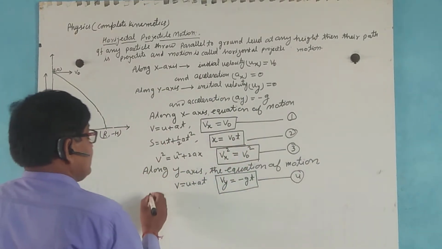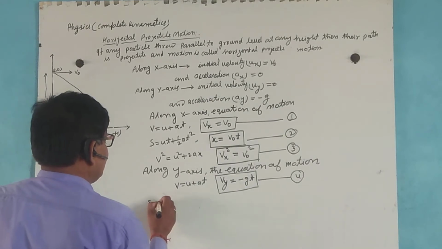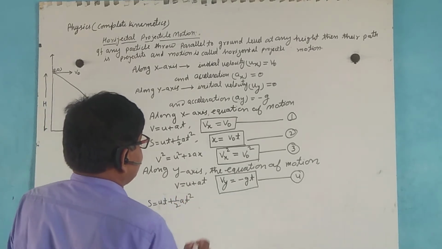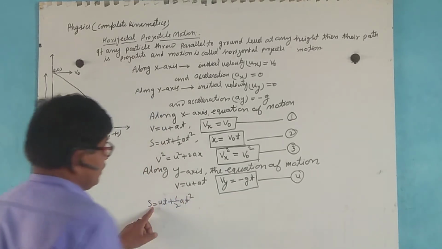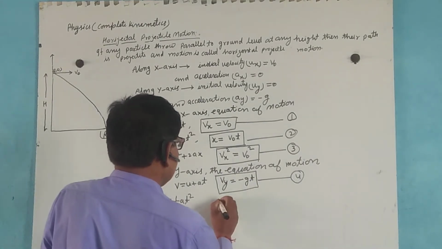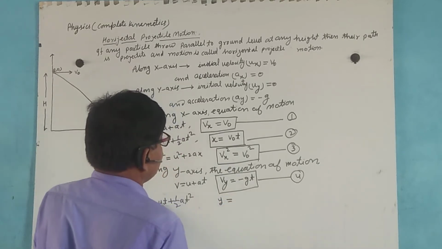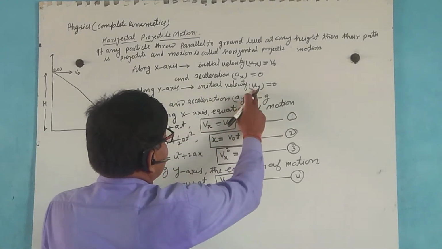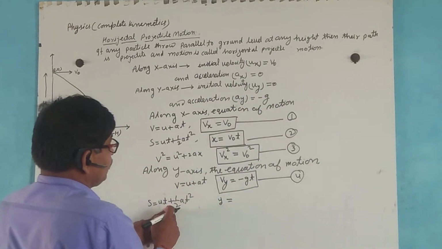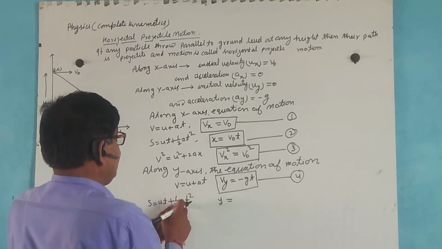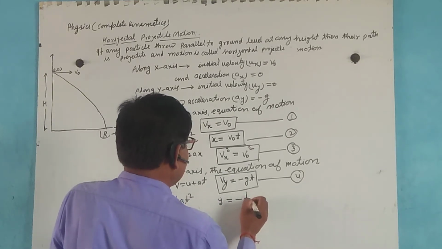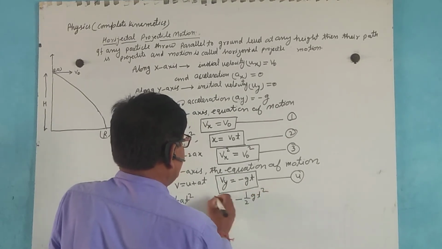Now the second equation of motion, s is equal to ut plus half at square. Here s is the displacement along y, so y is equal to uy t, and uy is equal to 0, so this is 0, plus half ay t square, with ay equal to minus g, so minus half g t square.